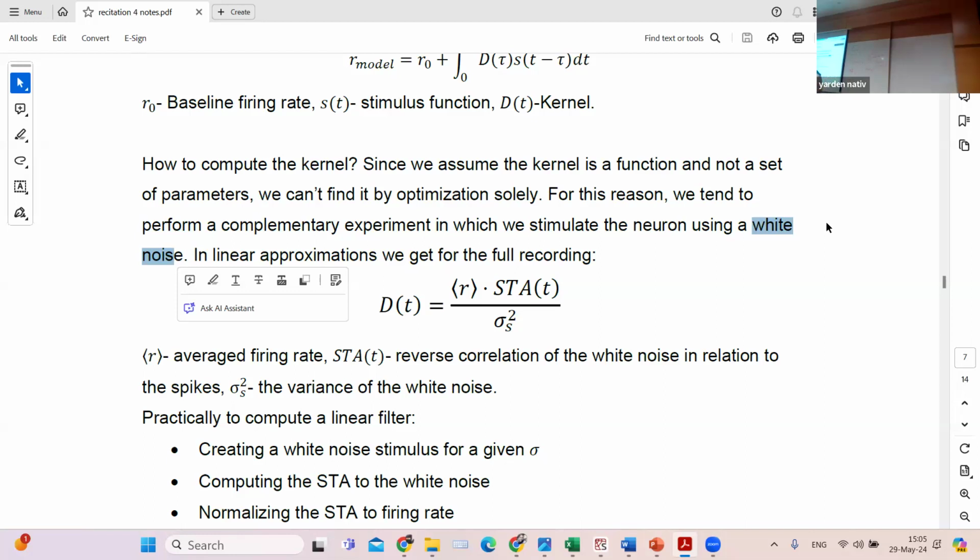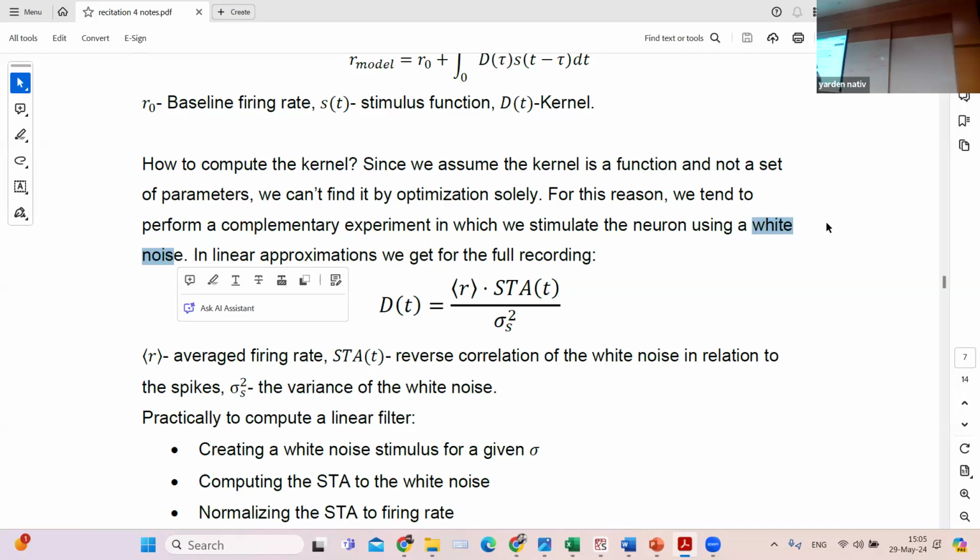We are supposed to use the STA from the same data set from another experiment that we ran before, like in the project, for example, where we have different data sets. Right.